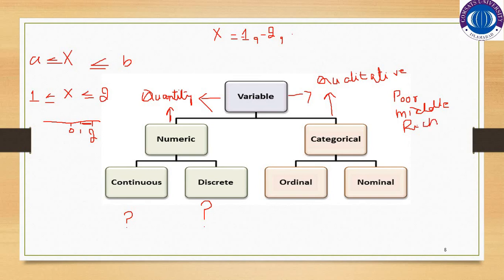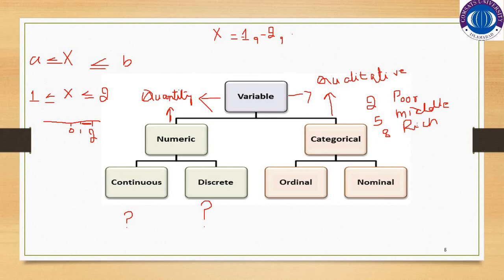So we cannot measure these qualities, poor, middle class, or rich. So what you will do, you will simply name them or give them a number. For example, I give the number 2 for the poor, number 5 to the middle class, and number 8 to the rich. Whenever the number 2 occurs, it definitely comes to mind that the selected person is poor.